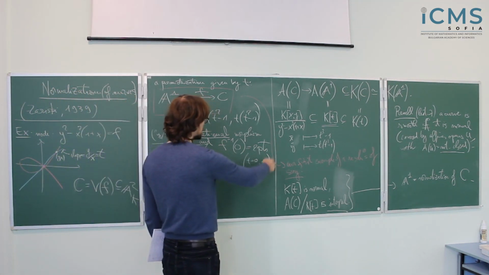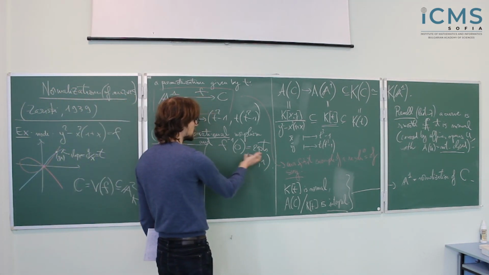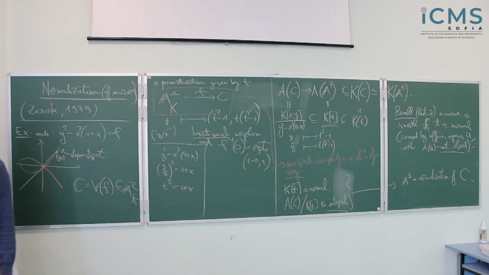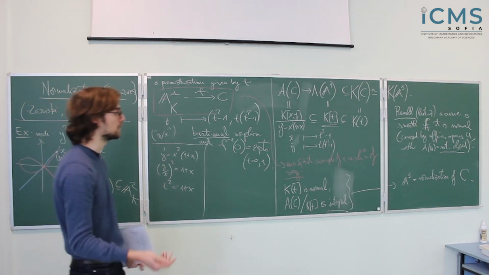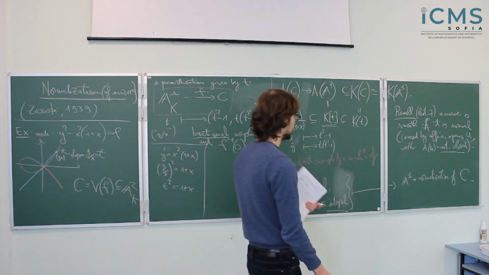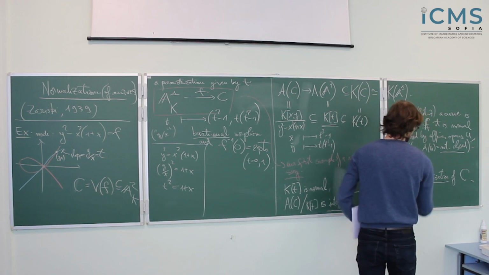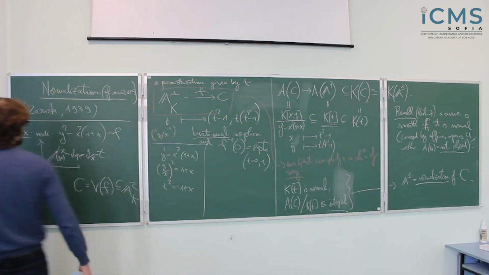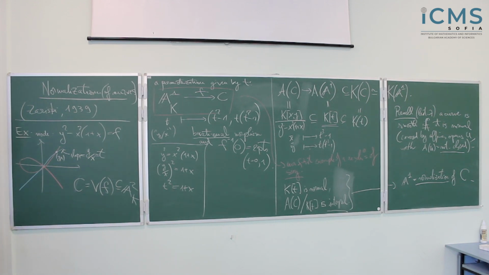And for the singular points, its fibers will be finite sets of points. And the tool we will use for that is going to be the normalization. So this is just a little bit of a warm-up to see how we are going to work with this.